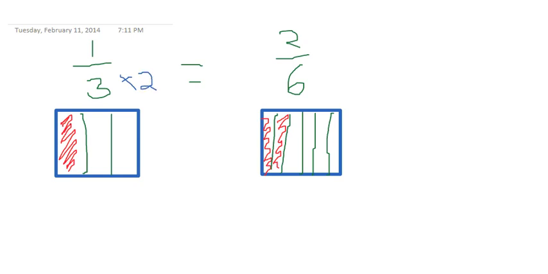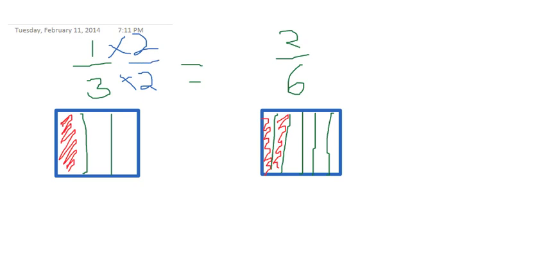Same thing up here. We got 6 parts instead of 3 parts. And up here we have a 1 and a 2, which makes sense. We have 1 part here, 2 parts here. What did I do to get that? I multiplied it by 2.